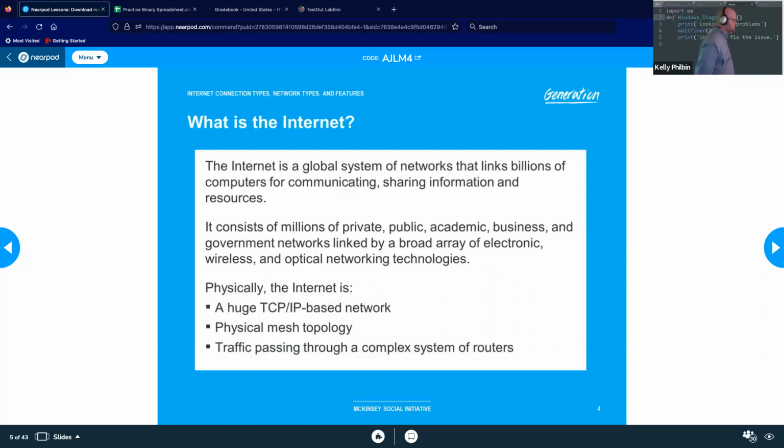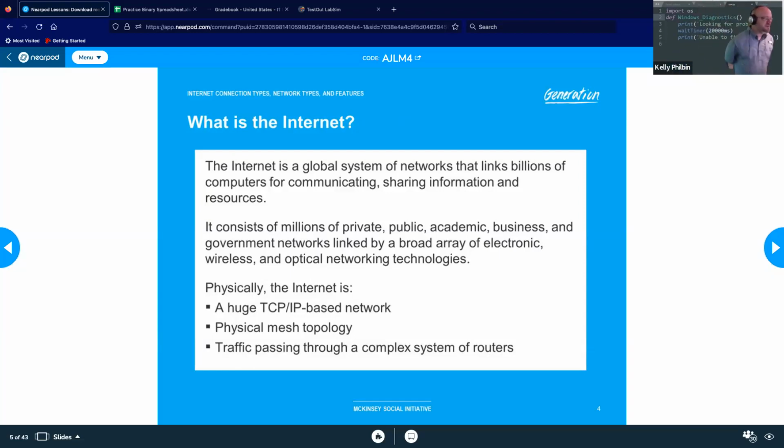What is the internet? Other than a place we go to look at pictures of cats and yell at strangers. It is a global system of networks that links billions of computers for communicating, sharing information, and of course, resources.